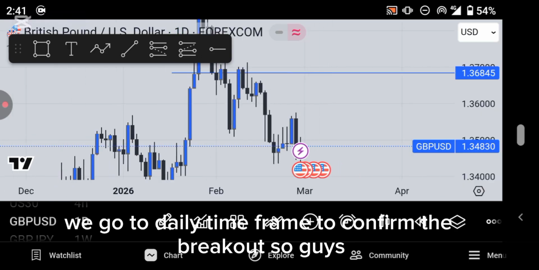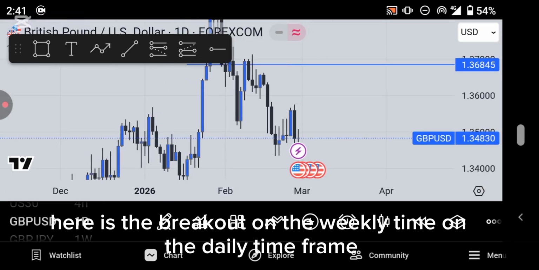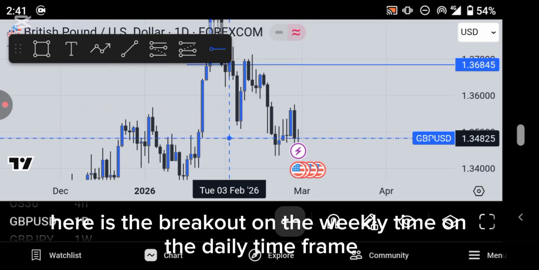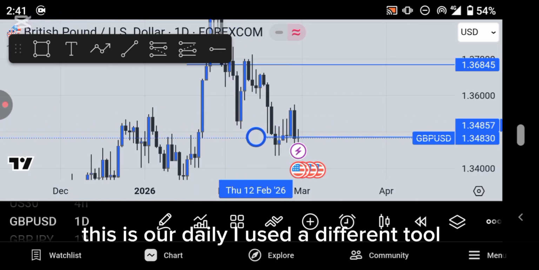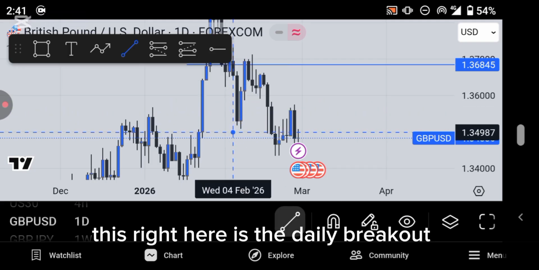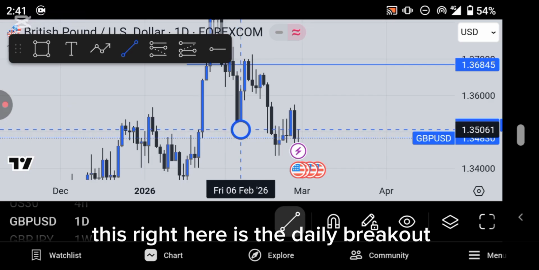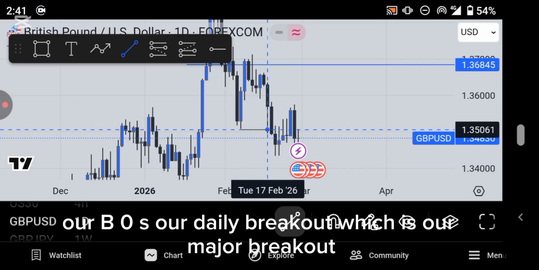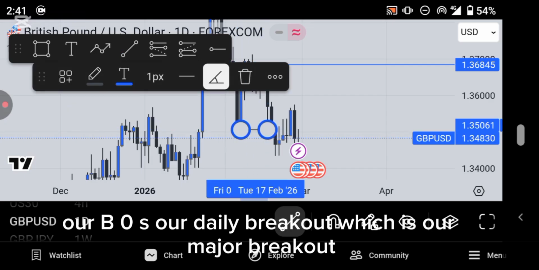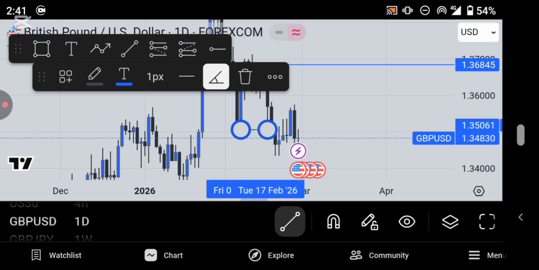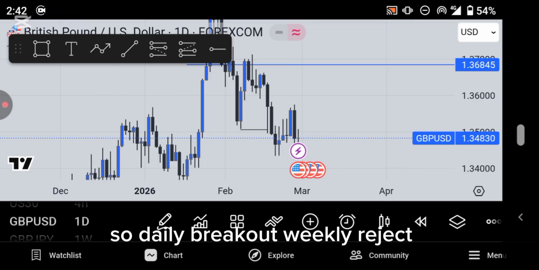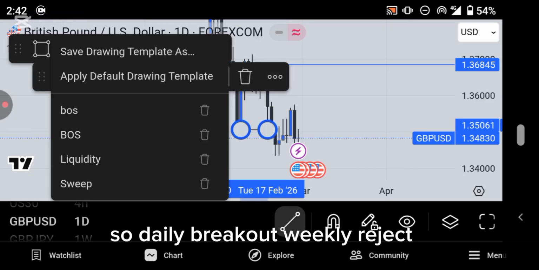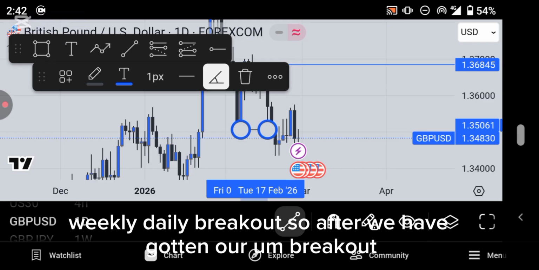So guys, here is the breakout on the daily time frame. This is our daily. I used a different tool. This right here is the daily breakout, our BOS, which is our major breakout. So weekly reject, daily breakout.